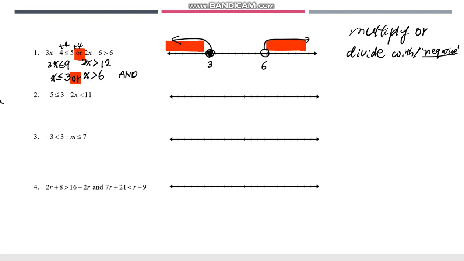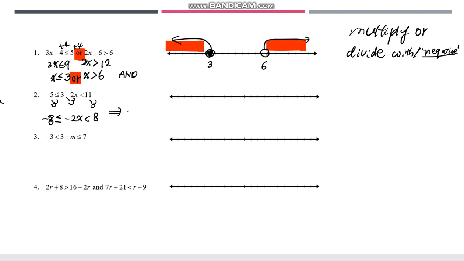Now, number 2. For this one, subtract 3 from everywhere. Then we have -8, -2x, and 8. Now you want to divide everything by -2. Since you are dividing by something negative, the direction of the inequality sign changes.